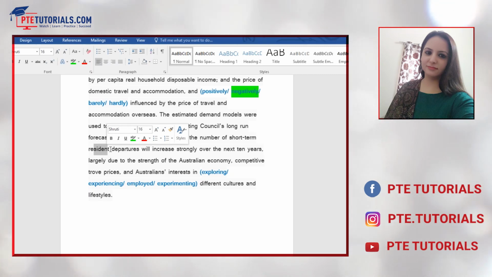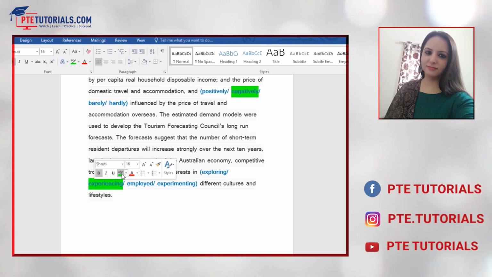And residents have been experiencing different cultures and lifestyles based upon their interests. So I'm left with experiencing, not experimenting. We are not doing any experiment here. We're not exploring something here. Employed was completely different from all of them.